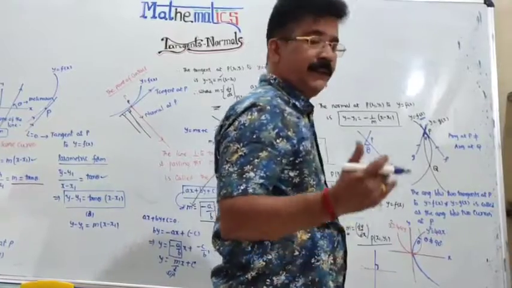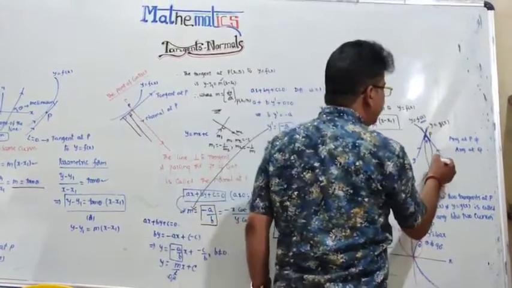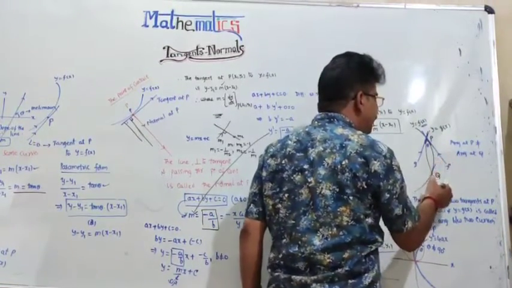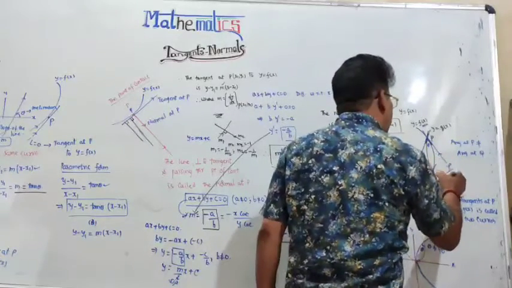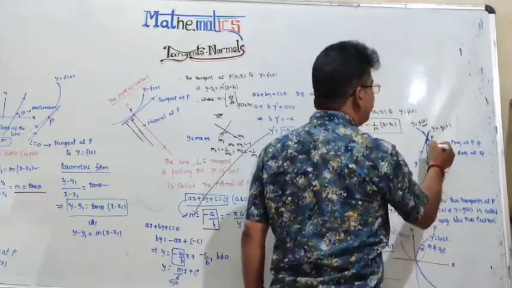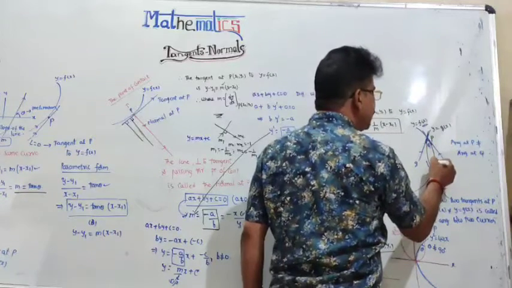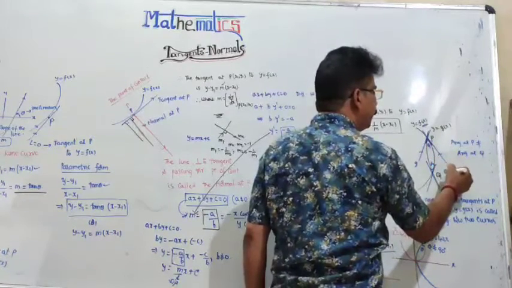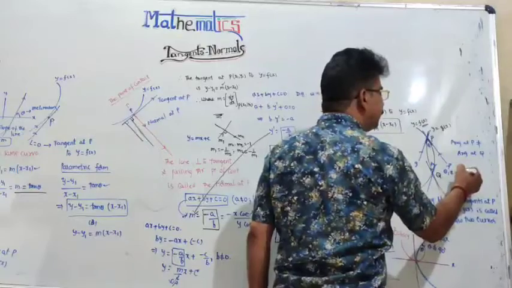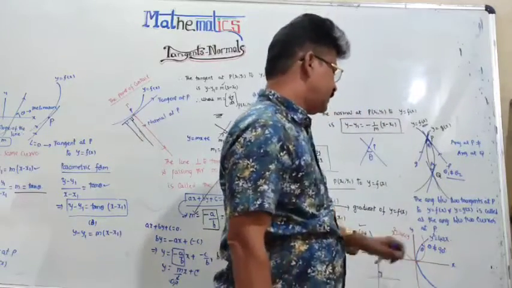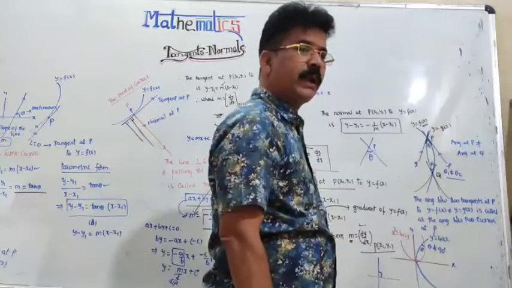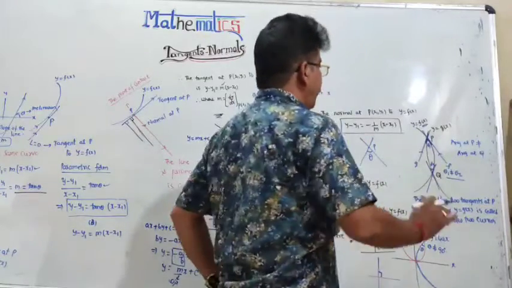So even if we draw the tangents at Q, this angle may be theta 1, it may be theta 2. Theta 1 may not be equal to theta 2. For example, this diagram.